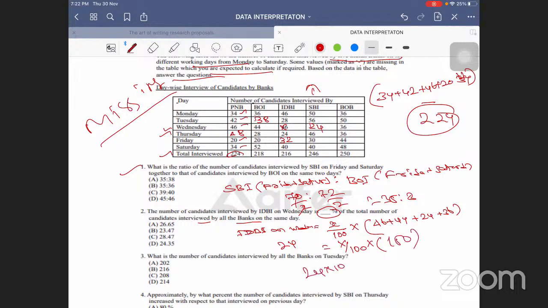So 24 into 100 divided by 150 gives X. What is the answer, X?